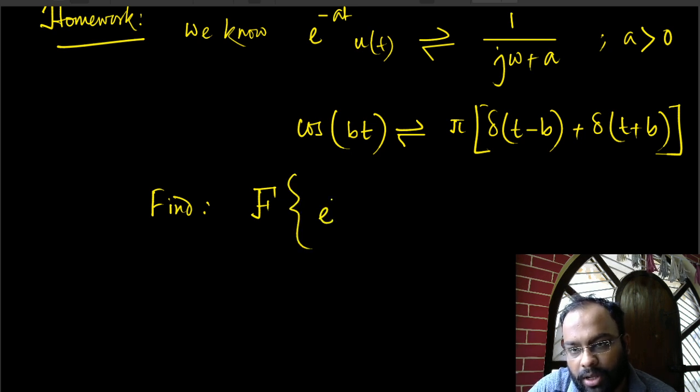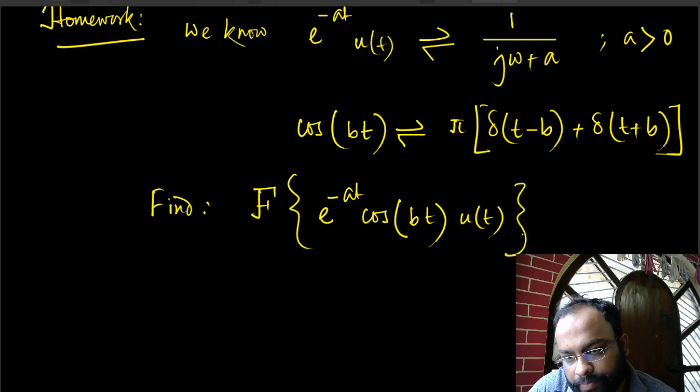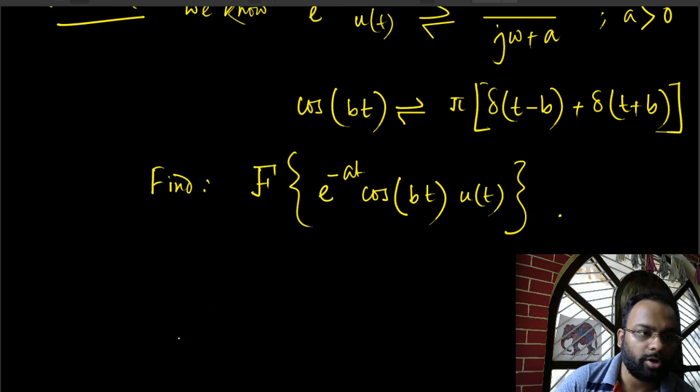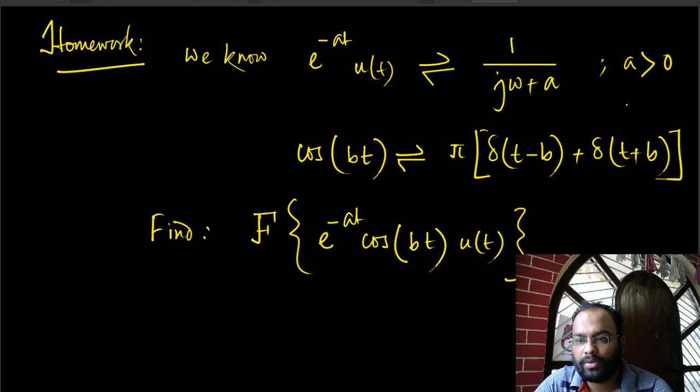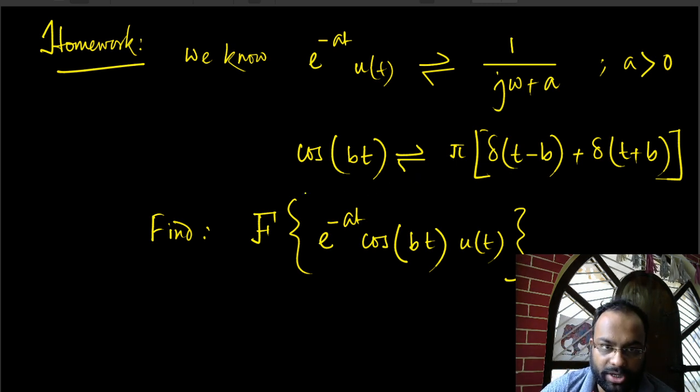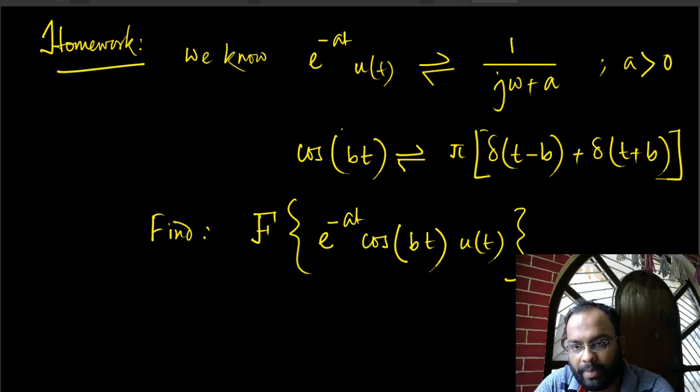So e to the power minus at cos bt ut, right? That is going to be your homework. So of course you have to convolve this with this and put a 1/2 pi outside. That's going to be the thing, using the modulation property, right? So this signal is being modulated by this.